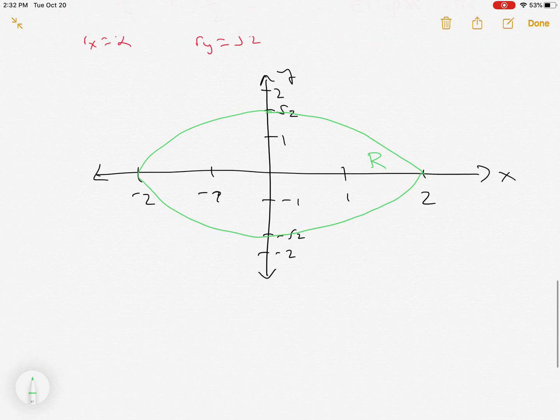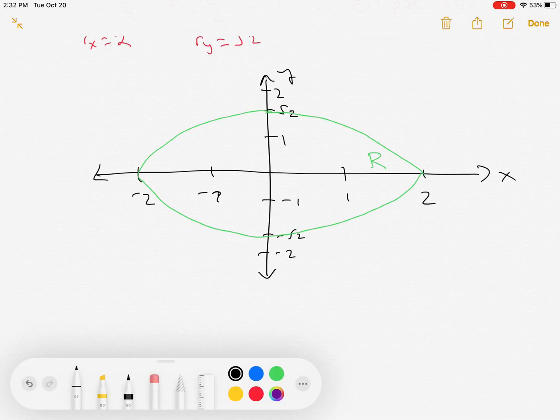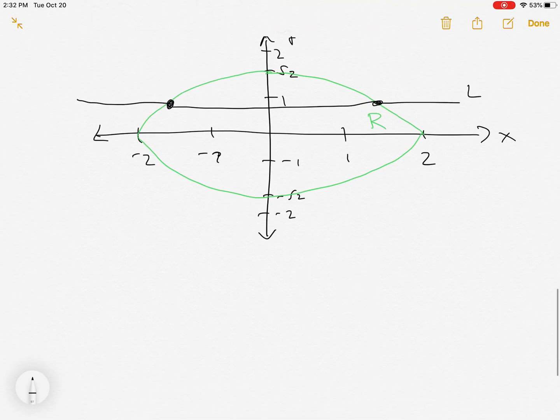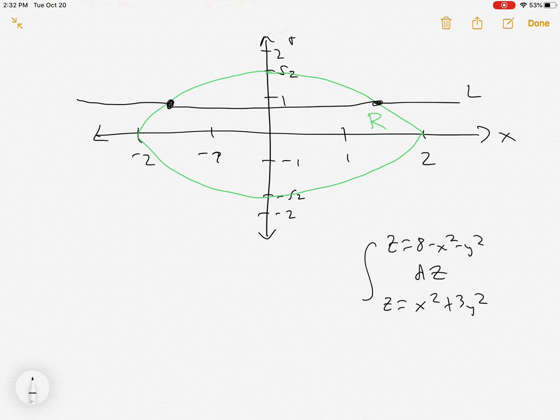Okay, and now we're just back to what we've been doing, finding these limits. I'm going to go left to right, just to be cool. So I'm going to enter here and exit here. So let's rewrite what we had before. We had z equals x squared plus 3y squared. Okay. And now we're going to say what? X equals a lower function here.